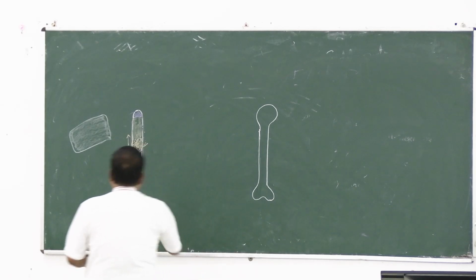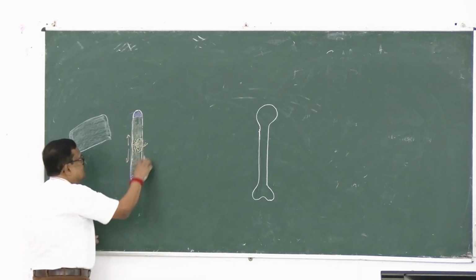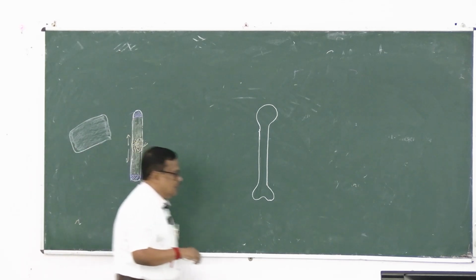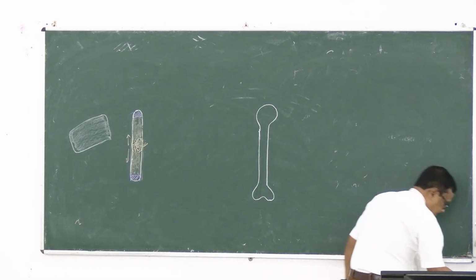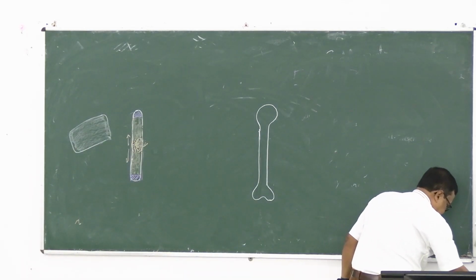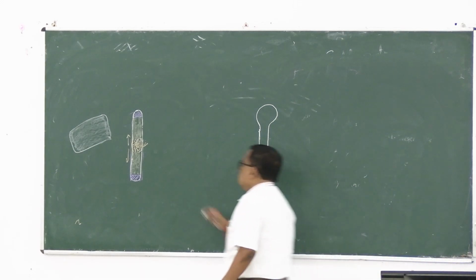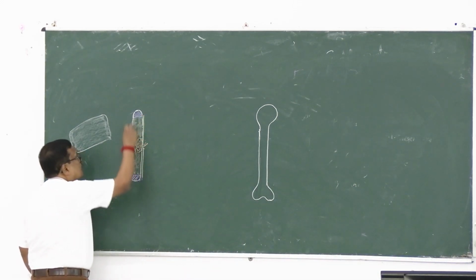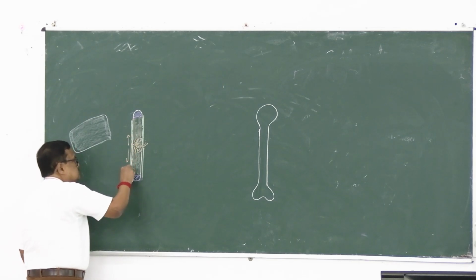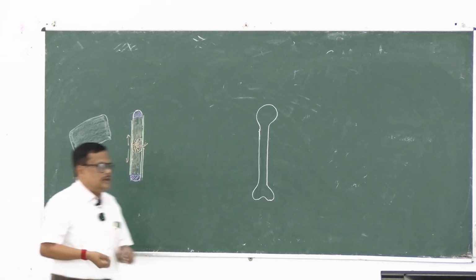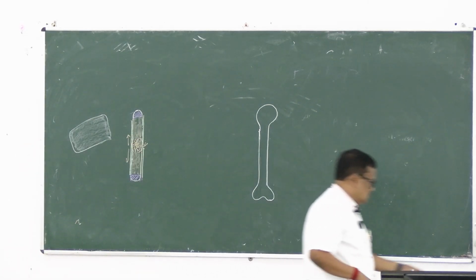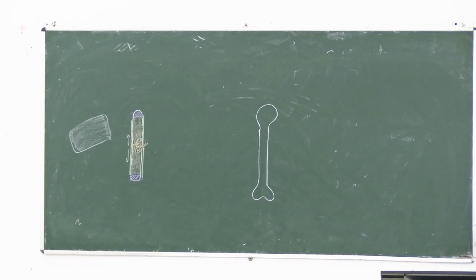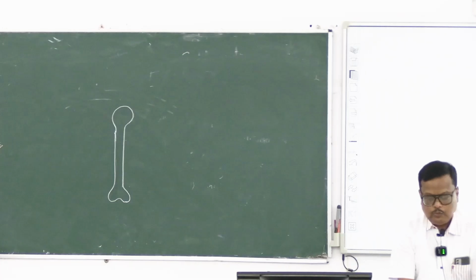When this bone is formed, the perichondrium is replaced by another membrane, we call it the periosteum. Periosteum is like that. Suppose it is a bone, the periosteum is covering the bone in this fashion.